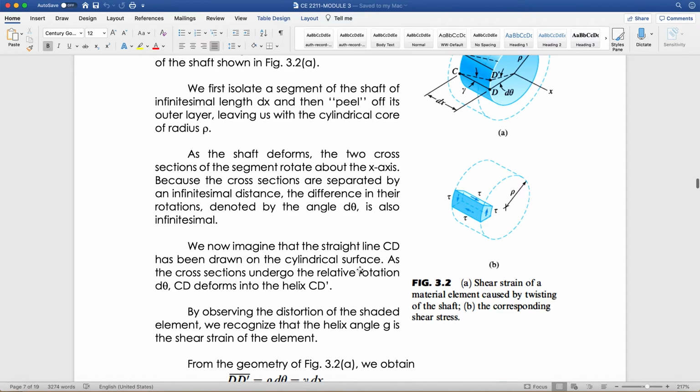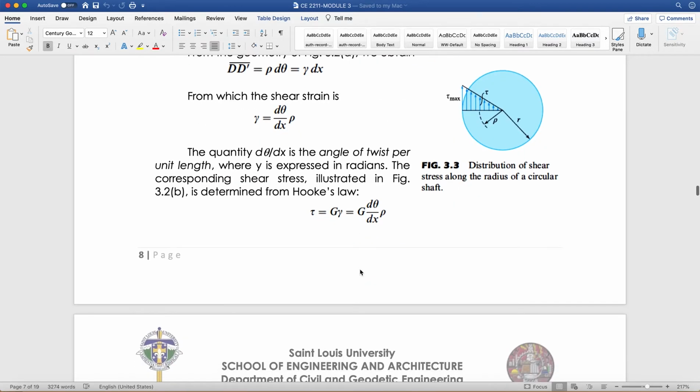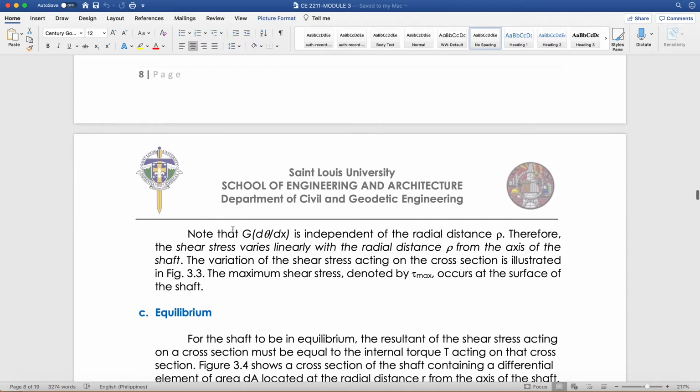Then with the help of Hooke's law, shear stress is equal to G, the modulus of elasticity for shear, times the strain, which is also equal to G times the change in the angle with respect to x times rho, and that is the strain.